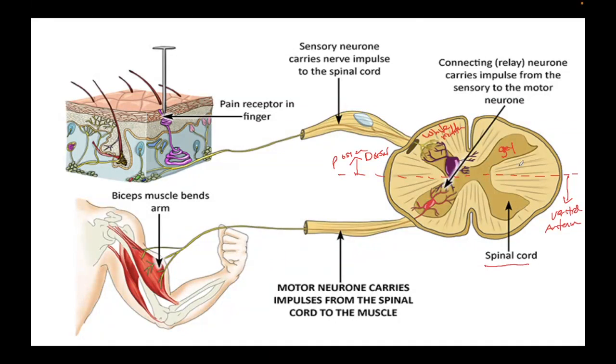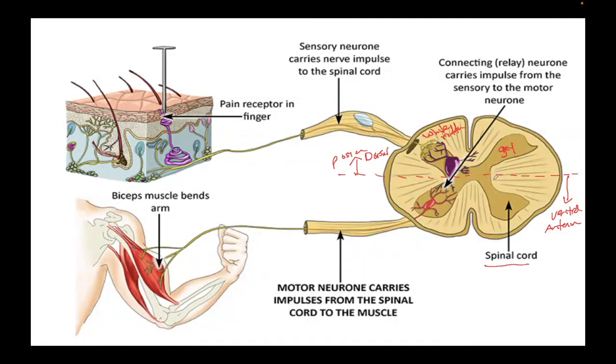Everything white is myelinated. Everything gray is unmyelinated. So gray matter is unmyelinated, and white matter is myelinated. That's an important concept.